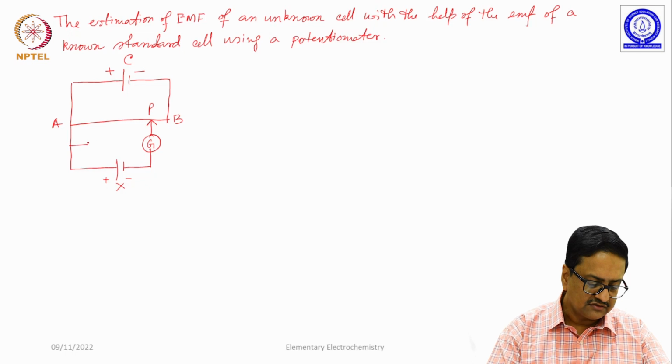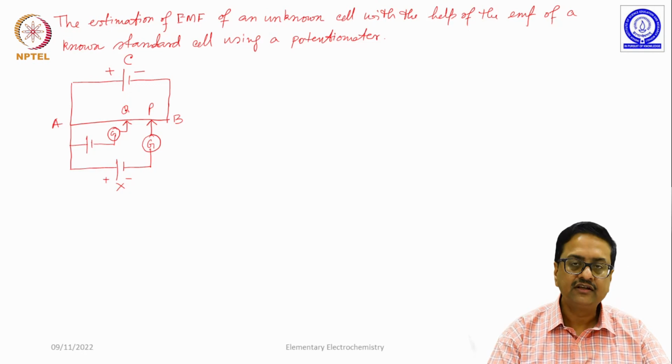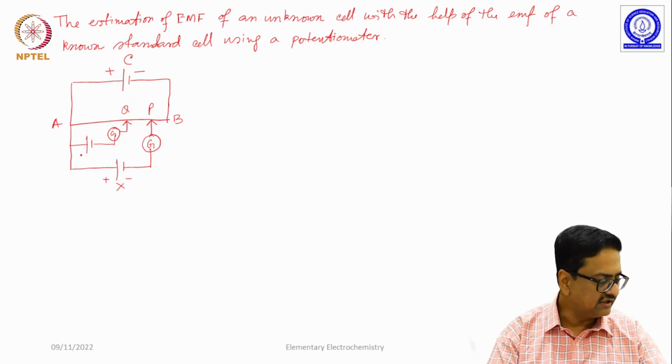And then we also have one standard cell S connected in the same way through a galvanometer G and connected to point Q, which is also simultaneously movable.